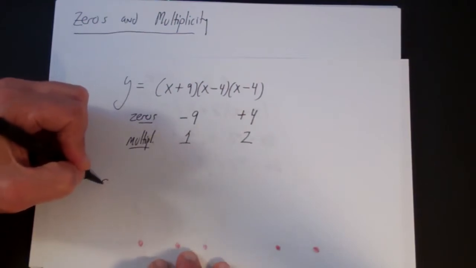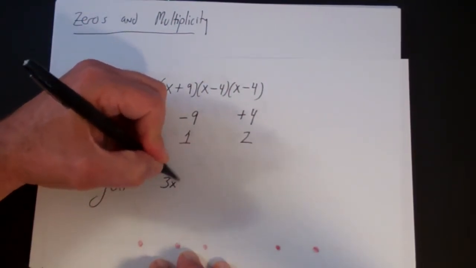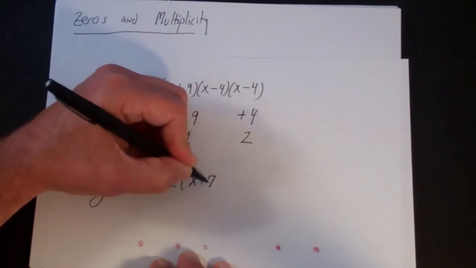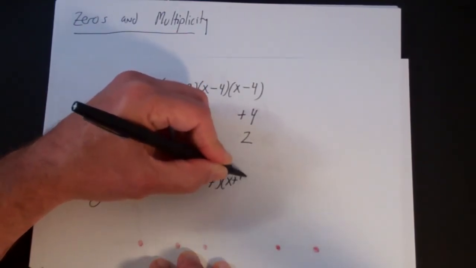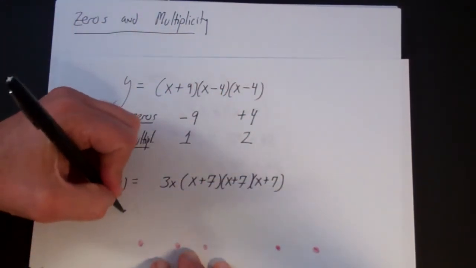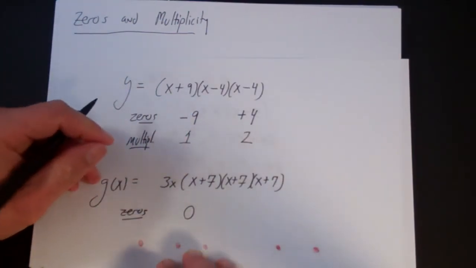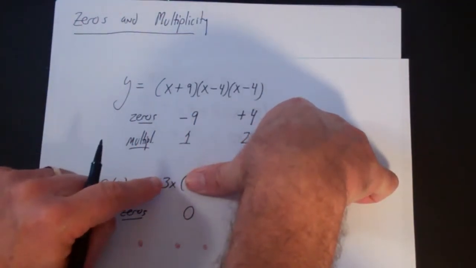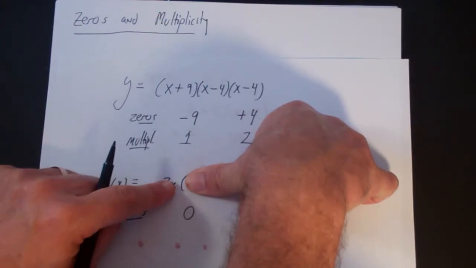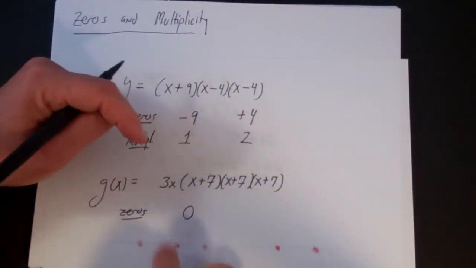Let's look at another example. Let's look at g of x is equal to 3x(x + 7)(x + 7)(x + 7). Well, the zeros here, there's 2 of them. There's 0. If you think about that, why is that true? Because if you set 3x equals 0, then when x is 0, you have 3 times 0 is 0, and 0 times anything is 0.